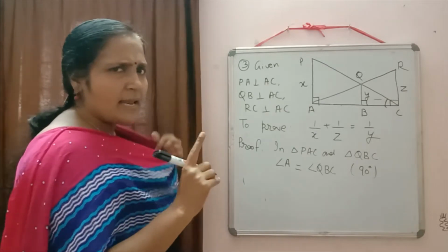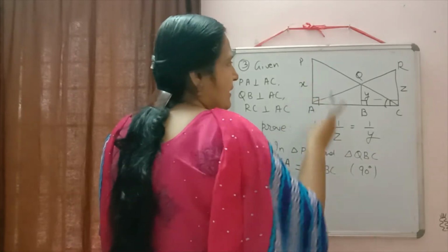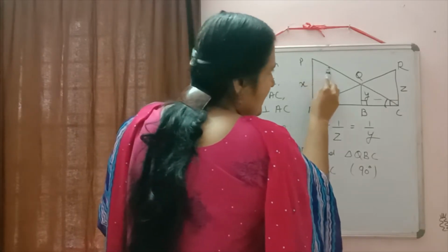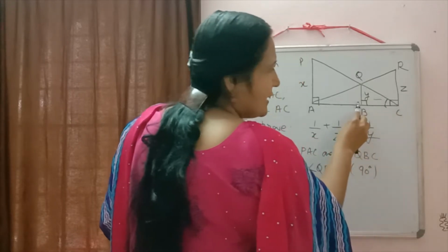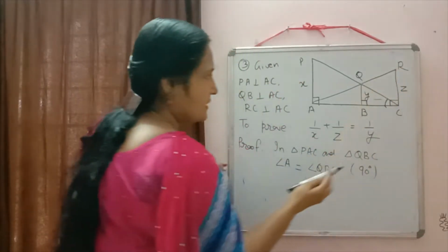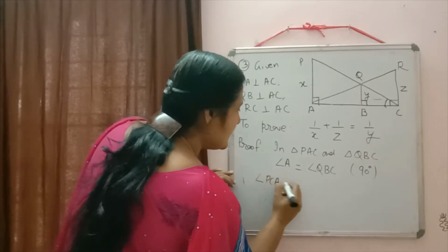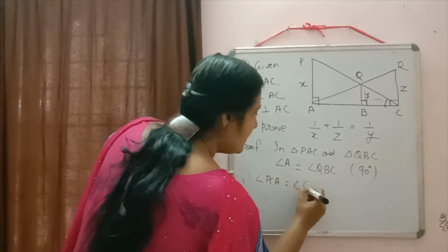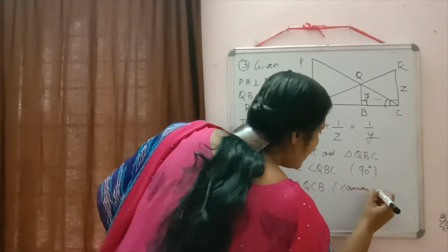Now we need one more equal angle. Which one will come? Triangle PAC and triangle QBC. Yes, C. So just write down the complete name: angle PCA is equal to angle QCB. Here the reason will be common angle.